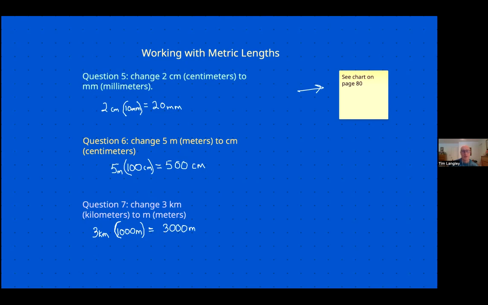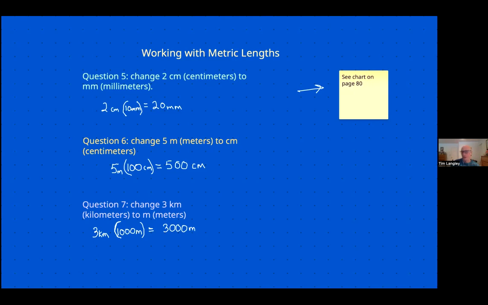Okay. So question 5 here is change 2 centimeters to millimeters. Okay. Well, on our chart, we can look at a millimeter here, and it actually says how much a millimeter is. It's 0.1 of a centimeter, but 2 centimeters times 10 millimeters, okay, gives me 20 millimeters.